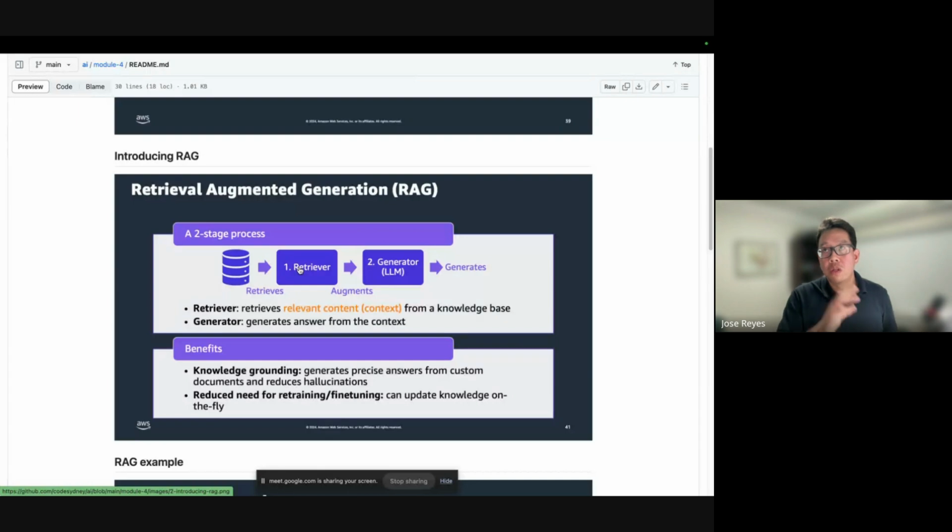Once we do that, we can then send it to the LLM, right? What we send is what we call the context. We're basically getting the context from our vector database, and whatever similar chunks of text we get from the vector database, we send to our large language model for synthesis.